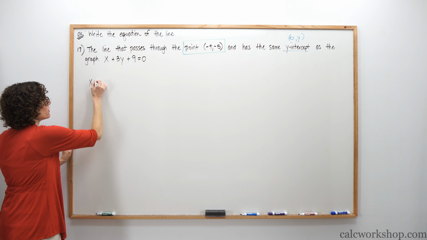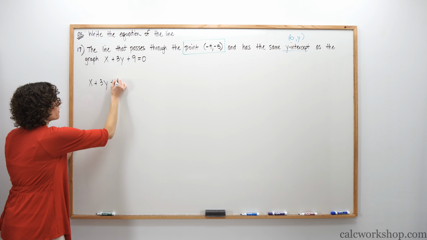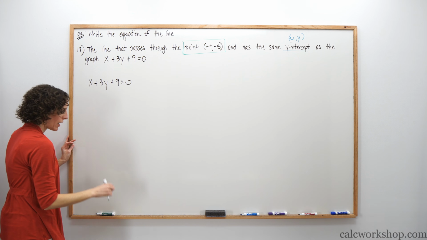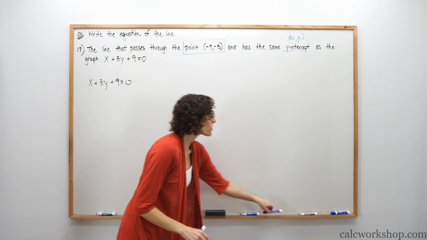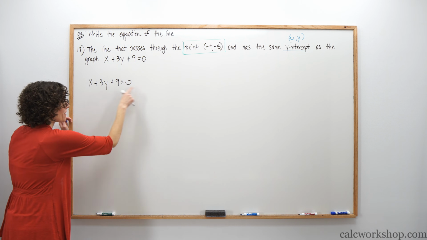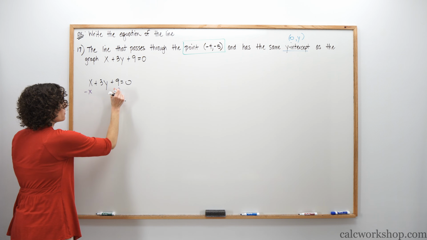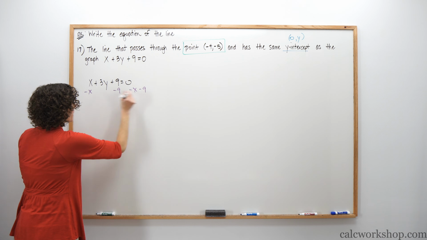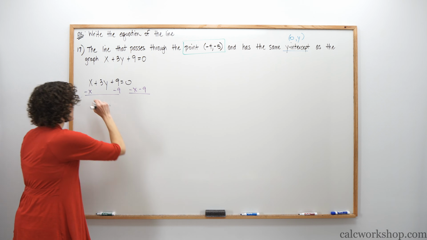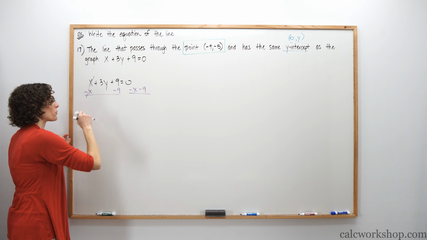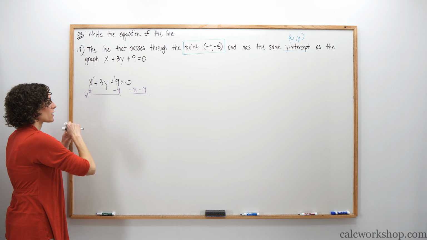So x plus 3y plus 9 equals 0. I'm going to subtract the x and the 9 to the other side in one shot. So we have minus x minus 9 on either side. x and negative x are inverse operations, 9 and negative 9 inverse operations.